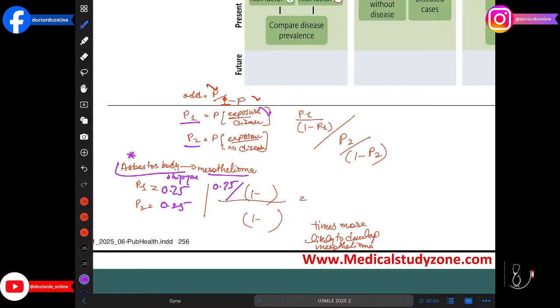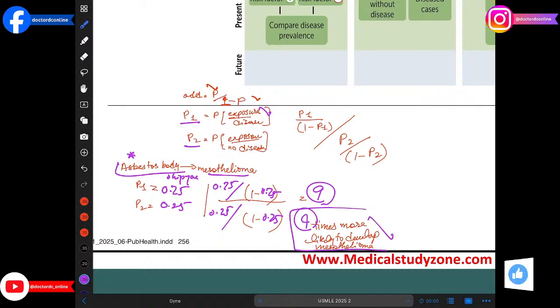Well, we would do 0.75 over 1 minus 0.75, over 0.25 over 1 minus 0.25. Plugging the numbers into our odds ratio equation, we get an odds ratio of 9. So a patient who has exposure to asbestos was 9 times more likely to develop mesothelioma.